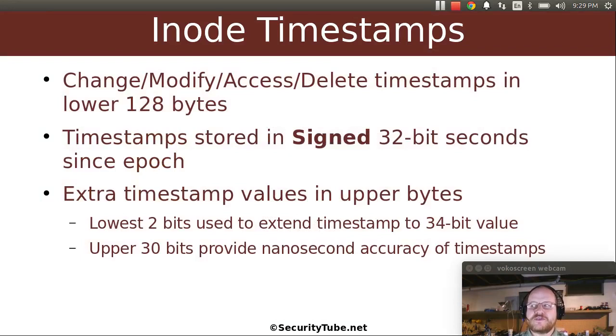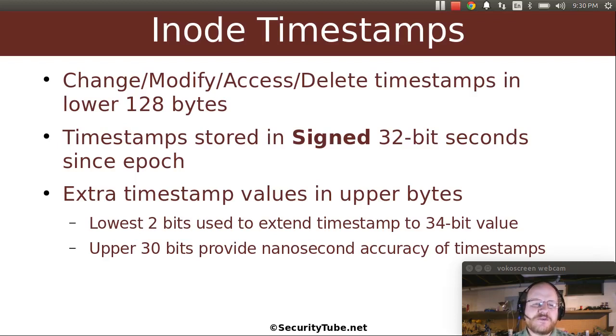Also in the inodes, we have timestamps. In the lower 128 bytes, we have 4 timestamps: change, modify, access, and deleted. These timestamps are stored in 32-bit values that are seconds since the epoch in 1970. Now, if we have an ext4 file system, typically on disk, the inodes are 256 bytes, and the current size of the actual inode is 156 bytes. So there's some room to grow, and there are extra timestamp values in the upper bytes.